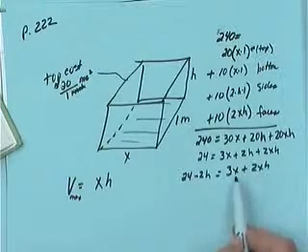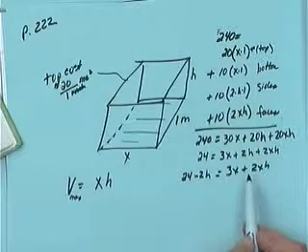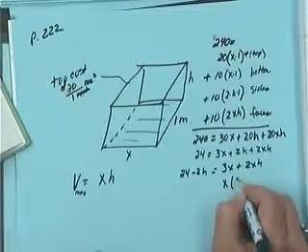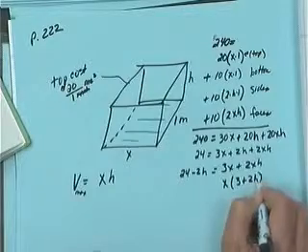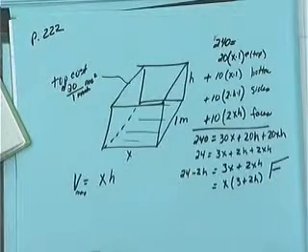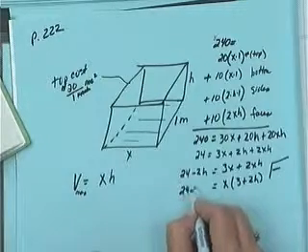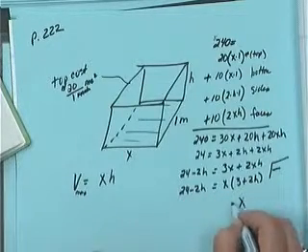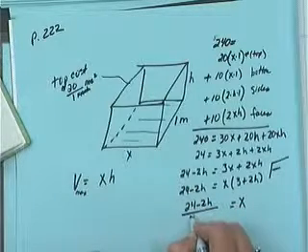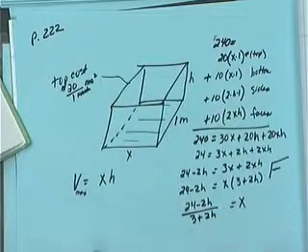And how do I get x by itself here? Factor. You got to factor out the x to separate it. 3 plus 2h. I call that the big F word, factor. 24 minus 2h. So x then is 24 minus 2h over 3 plus 2h.